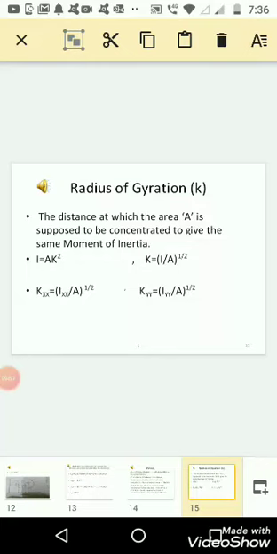In the previous moment of inertia, we had A into y square or x square, so instead of x or y, it is represented by K. K can be written as K is equal to under root I divided by A, or Kxx is equal to under root Ixx divided by A, or Kyy is equal to under root Iyy divided by A.